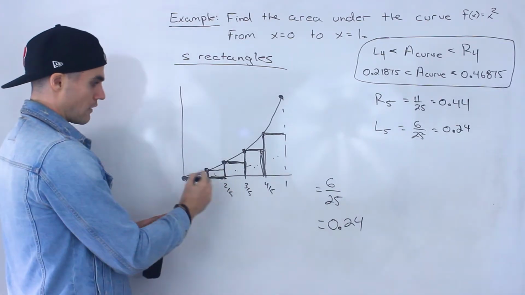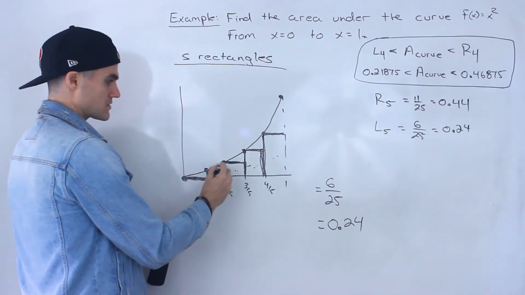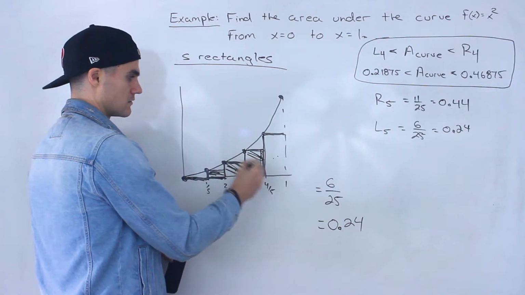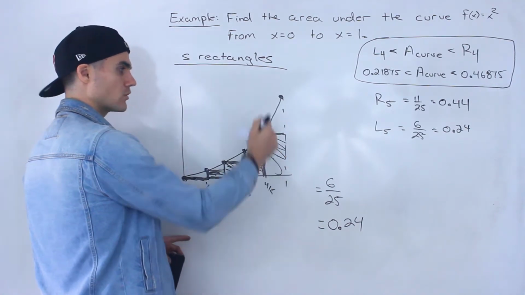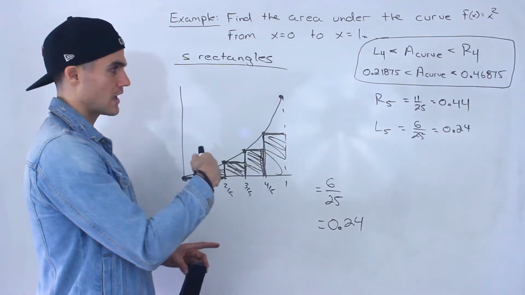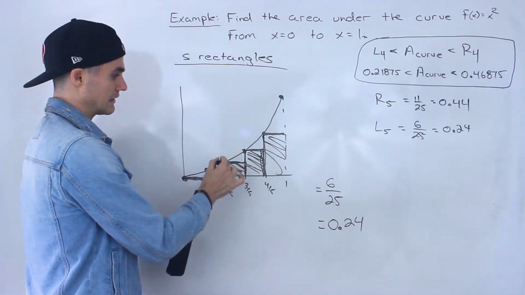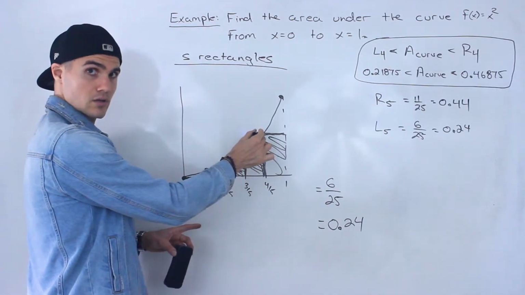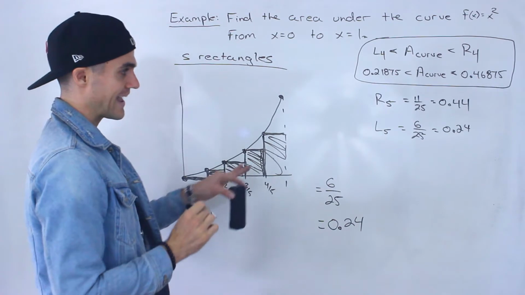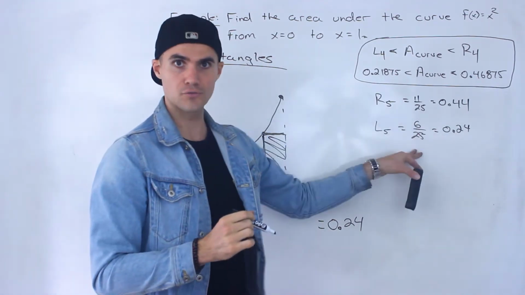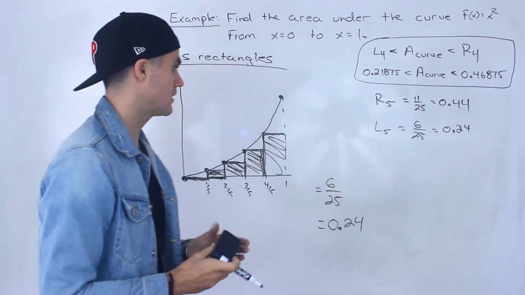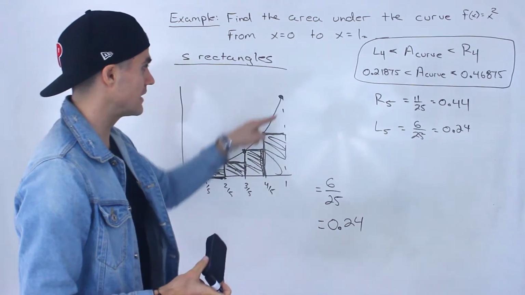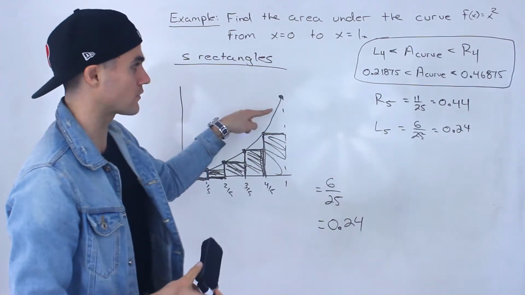So notice the area of these rectangles here, right? It's smaller than the area under the curve. We've mentioned that before. When you're using the left corners of the rectangles, the sum of the areas is going to be less than the actual area under the curve.